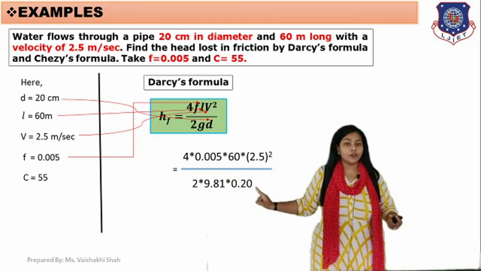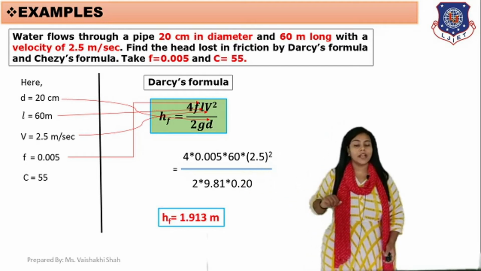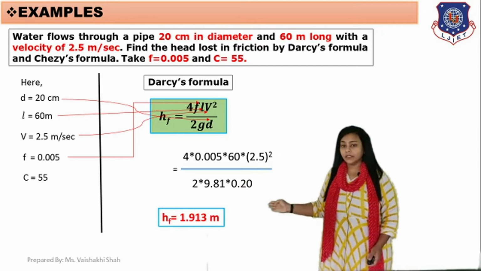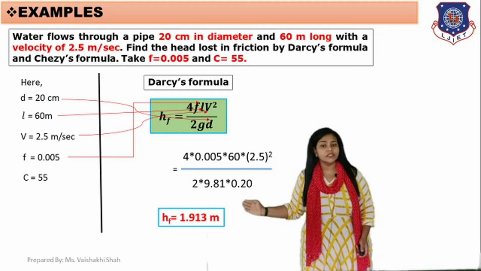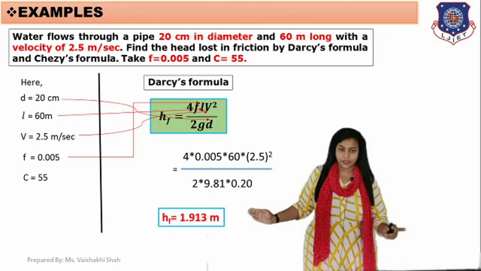Convert diameter into meters, which is 0.2. So your answer for HF, head loss due to friction, is 1.913 meter by the Darcy-Weisbach equation.